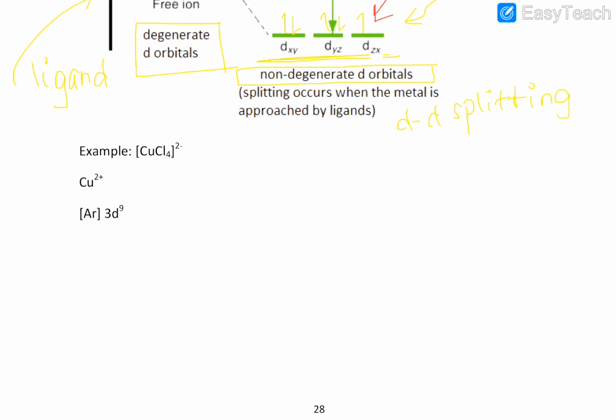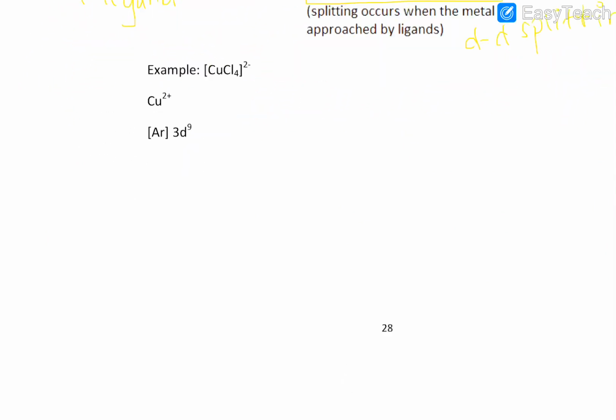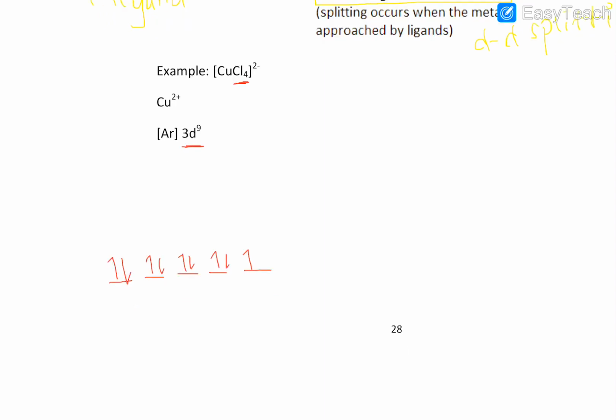Right, so let's take for example Cu2+. So 3d9, so let's have the degenerate d orbitals. We fill in singly first, then we pair up. Now because of the Cl ligand, the Cl ligand is going to cause the splitting of the d orbitals. So this is going to split.